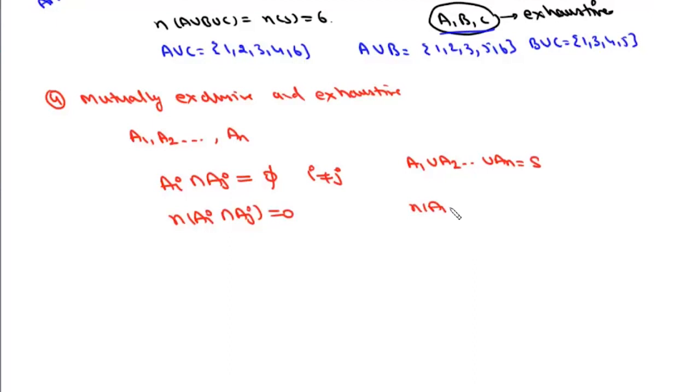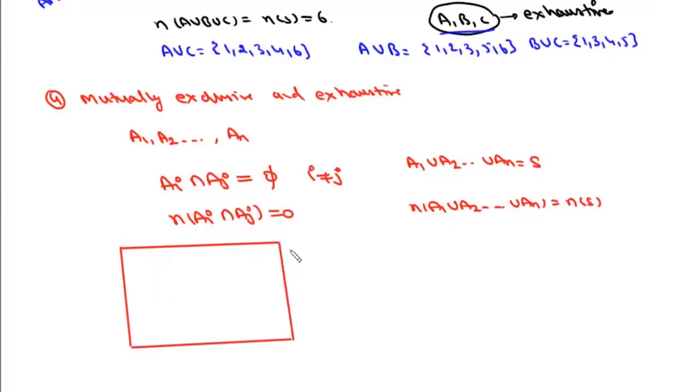That means n of A1 union A2 union AN must be equal to n of S. Now we represent this in a Venn diagram. We have n partitions which cover this entire sample space, and none of them is overlapping. So here we can just define these as chunks where nothing intersects anything else. This is A1, A2 and AN. So this is the case of mutually exclusive and exhaustive events.